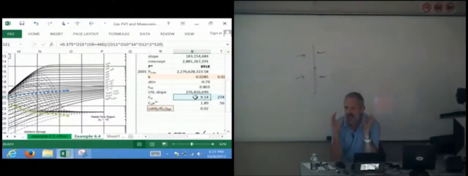It'll be open book, but you need to have a good idea of if you're using a variable rate drawdown. We've looked at that. The only real difference in the equation, if you have a variable rate, is it's built into the superposition function, so there's no Q in your perm term.